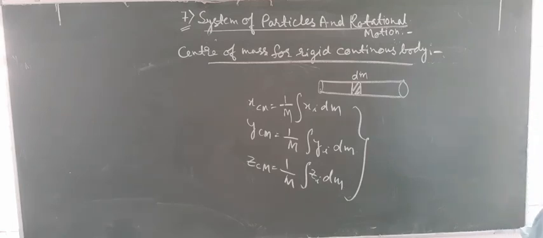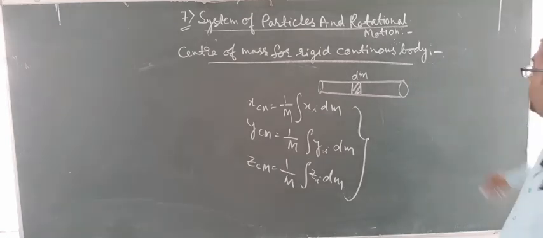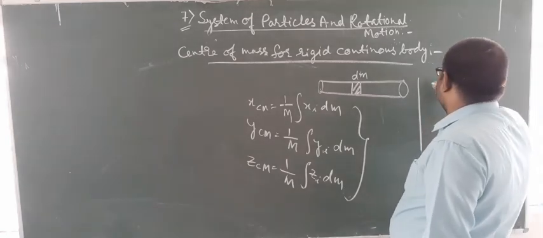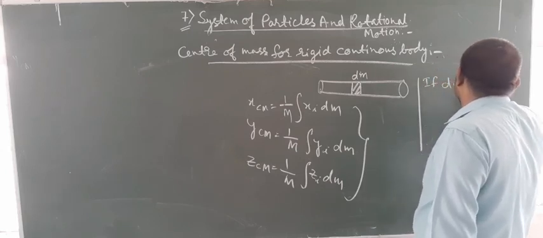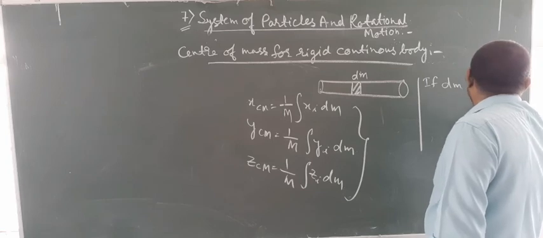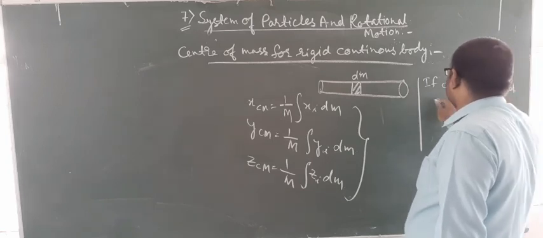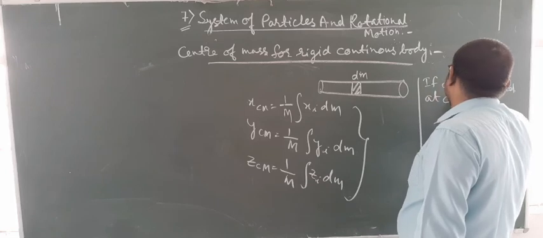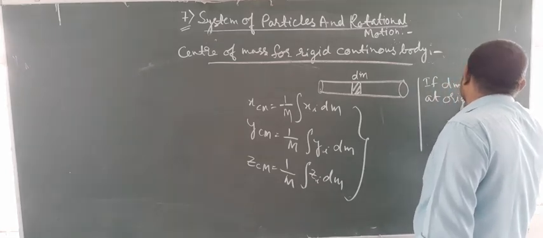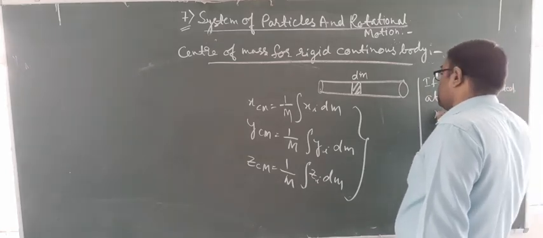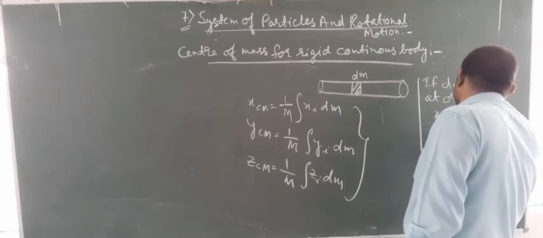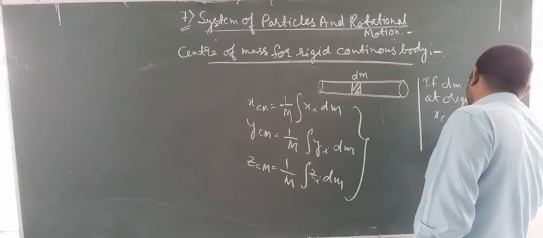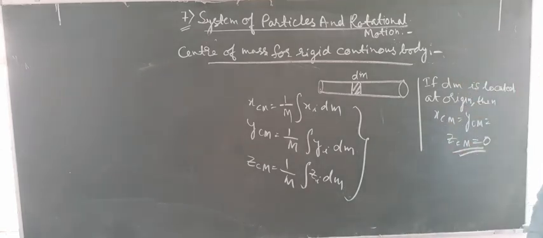And if dm is located at the origin, then xcm equals ycm equals zcm, and all are equal to 0.